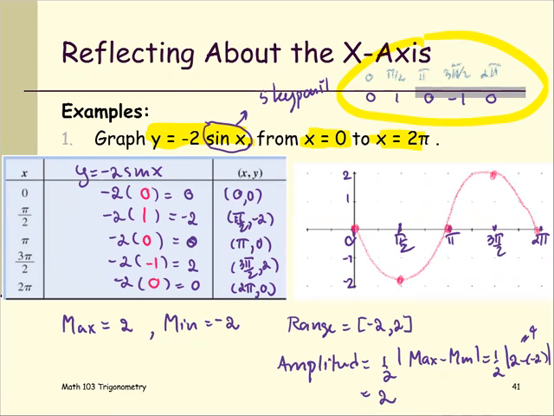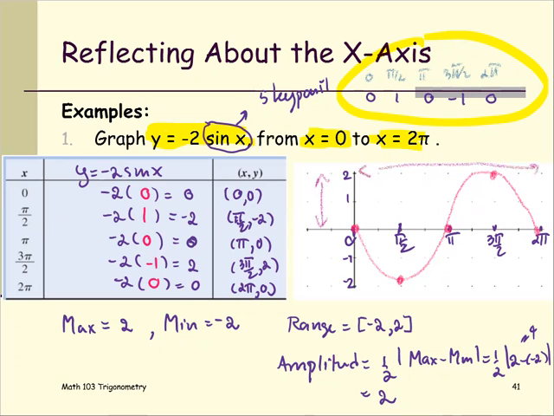Okay, as you see, the amplitude is from subtracting the max and min and then dividing by 2. Or another quick way to consider is the height of the graph from the midline of the graph to the top. And then the other property of the graph is the period.